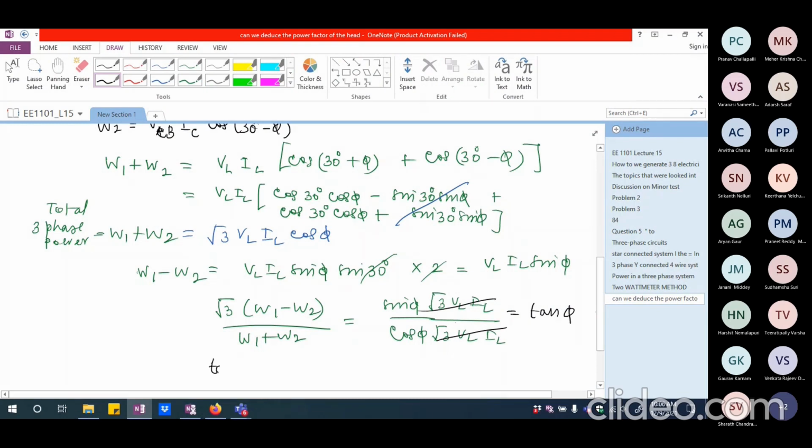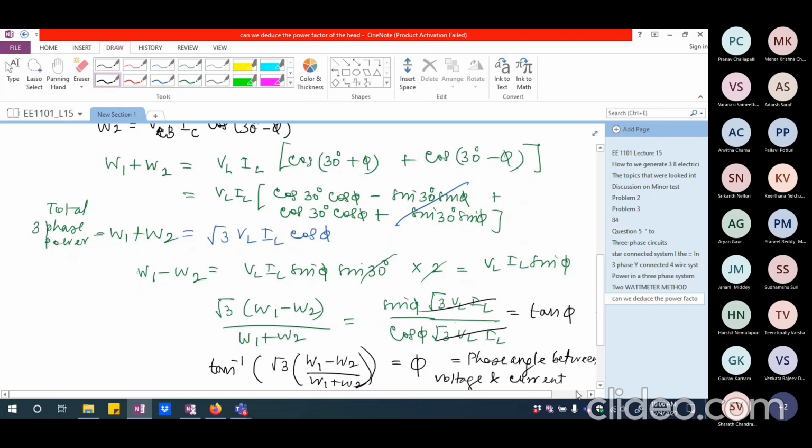That will actually give me tan inverse of root 3 times W1 minus W2 divided by W1 plus W2, which will give me the phase angle phi between voltage and current.